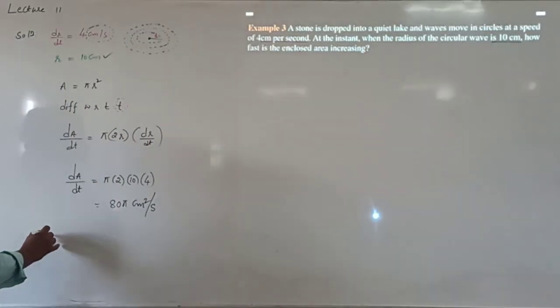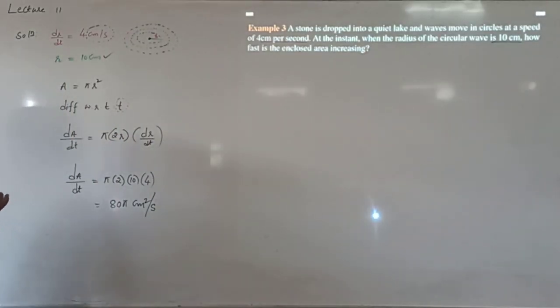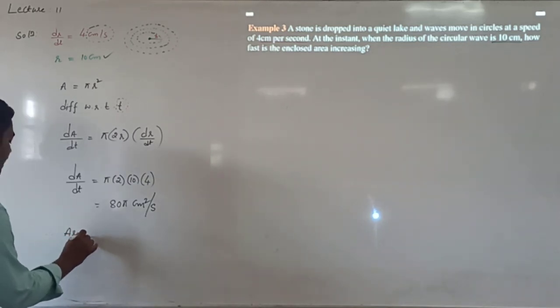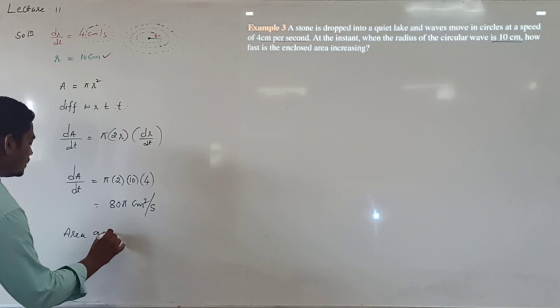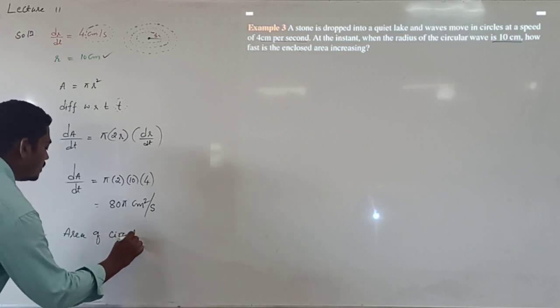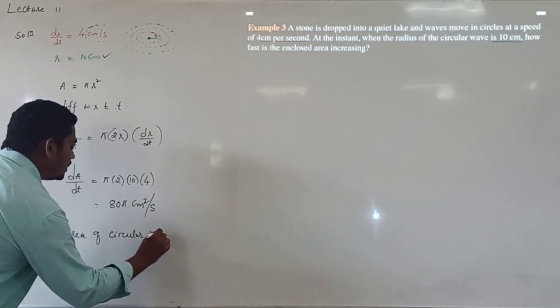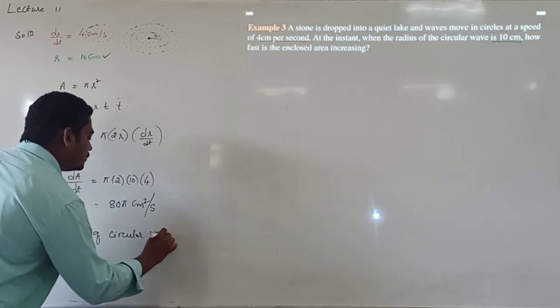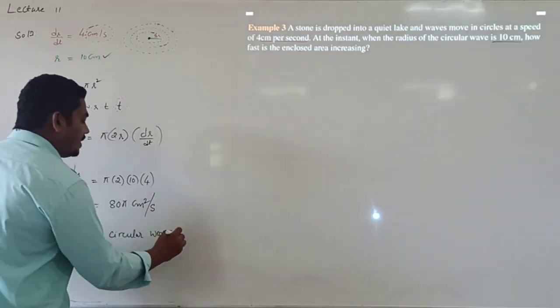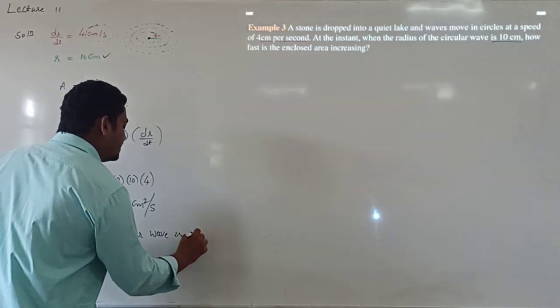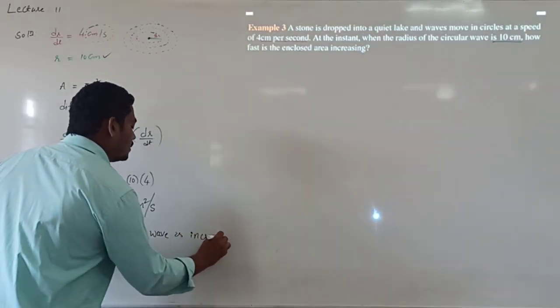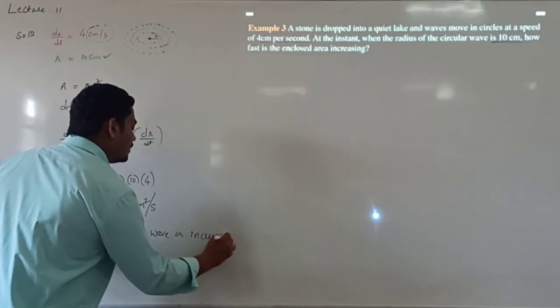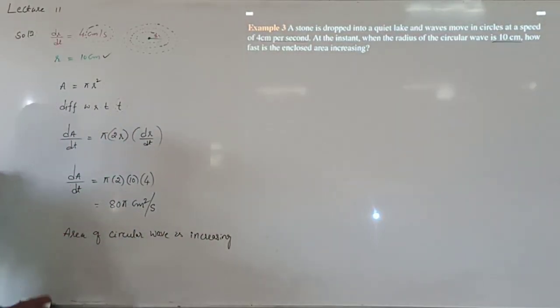Lastly, write the conclusion. Therefore, the area of the circular wave is increasing. Why is it increasing? Because we get a positive value.